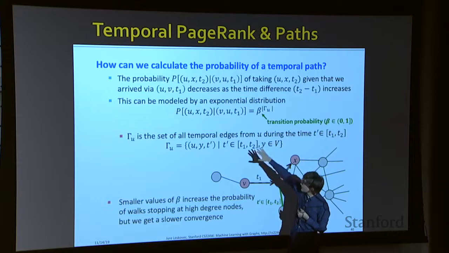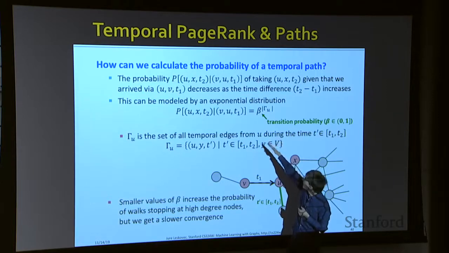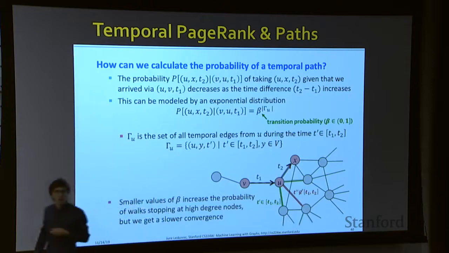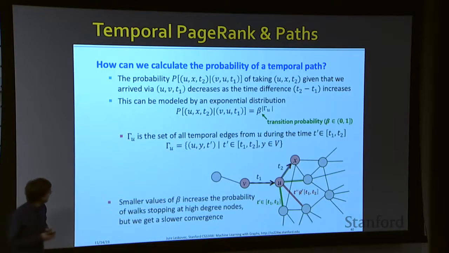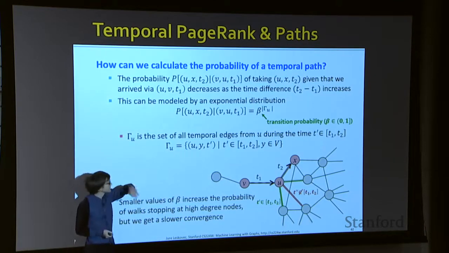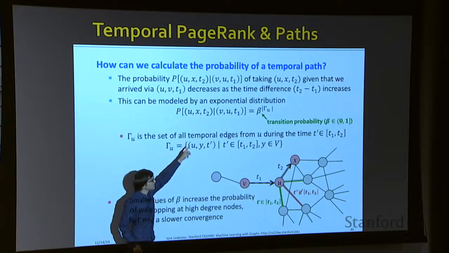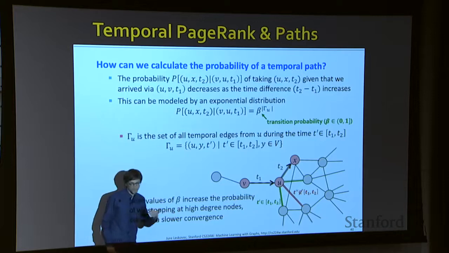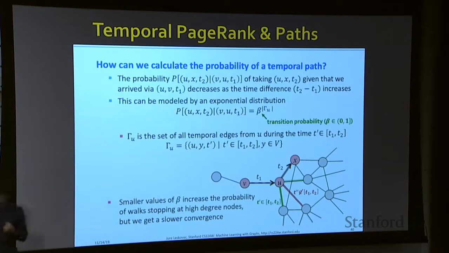And if beta equaled, for example, 1, then we would be willing to take any edge out of that node, right? While if beta is small, this means the probability of taking the edge will decrease a lot the longer we stay. So the random walk will just wait at that given node and won't take the transition.